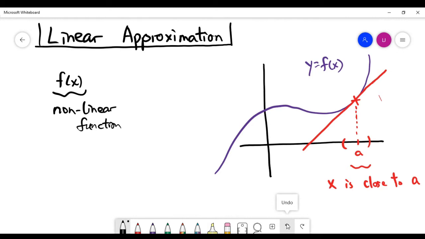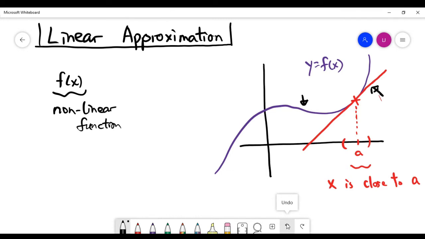Let's say now, instead of calculating the values of f of x for x very close to a on the graph of f of x, sometimes we can do an approximation if it gives us a much easier calculation. By linear approximation, we mean that instead of looking at the purple line, we look at the red line, which is a straight line, so it must be a linear function.